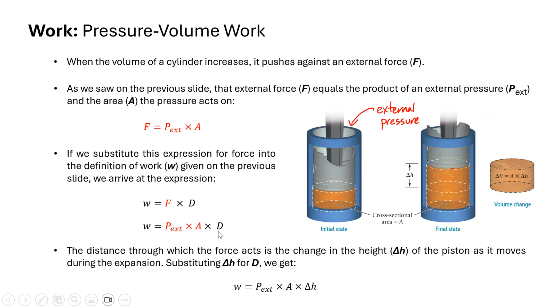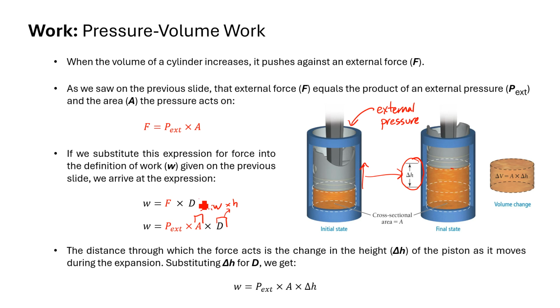That's all we're doing. But now we can simplify this even more, because you guys know that area is length times width, and distance is some sort of height. If the piston is going up, notice there's a change in height.